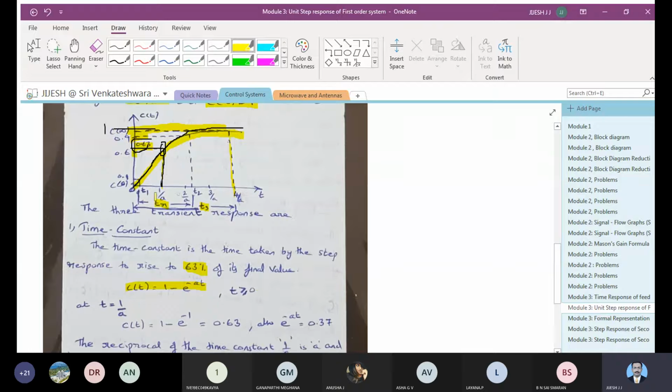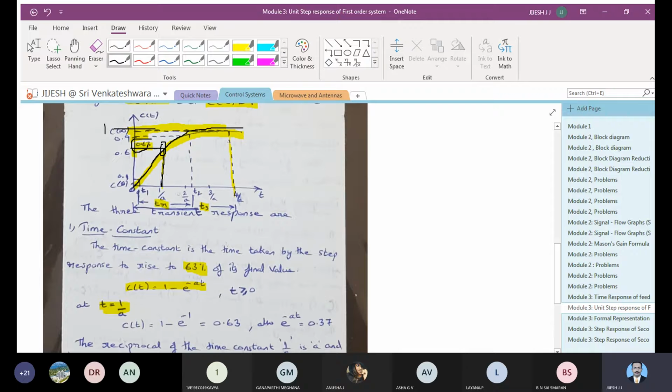So we have to see here 0, 1 by a, 2 by a, 3 by a, 4 by a, etc. At t is equal to 1 by a, we substitute t as 1 by a in place of t here.